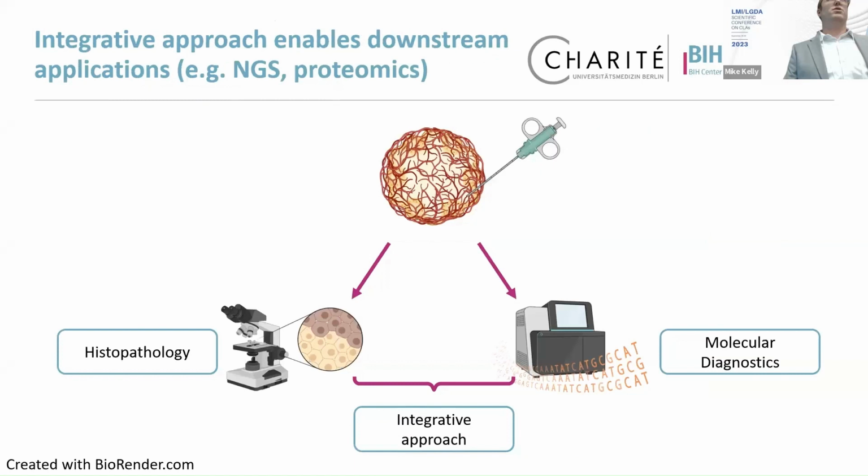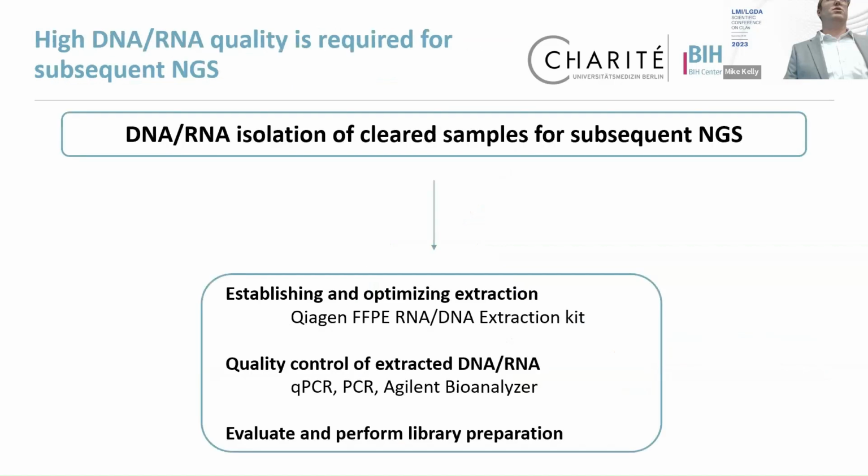And coming back to what I mentioned at the beginning, we want to have an integrative approach because we want to get as much information as possible from one identical sample. And so we asked, can we do NGS sequencing, for example, after we've performed light sheet imaging of the identical sample? And the answer is yes, we can. But for that, it's important that we keep in mind what we need for NGS sequencing.